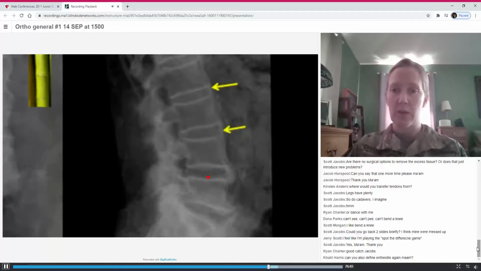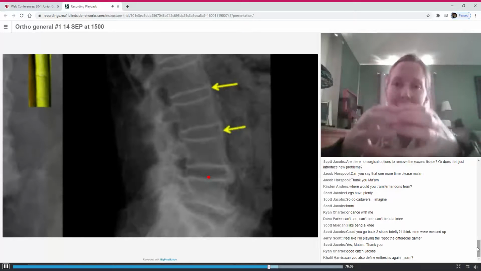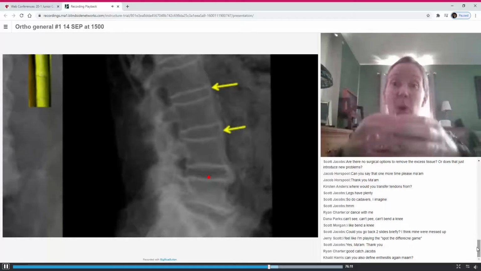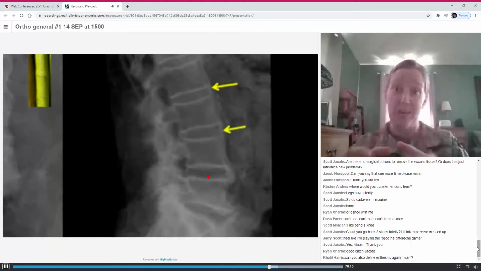So the height here is fixed, and that's because it's stuck that way. All the way around in 360 degrees, that's bone all the way around the outside of the disc. So it's stuck. So it won't get degenerative disc disease. So maybe that's what it's protective for. I don't know. But they will have preserved disc spaces.